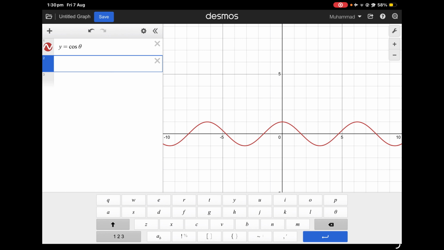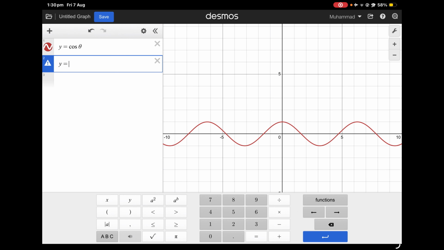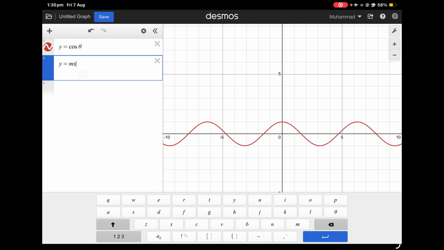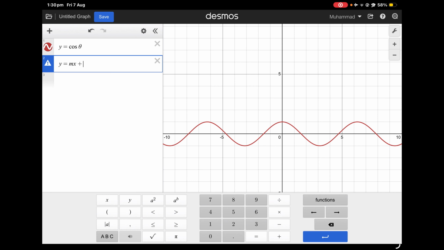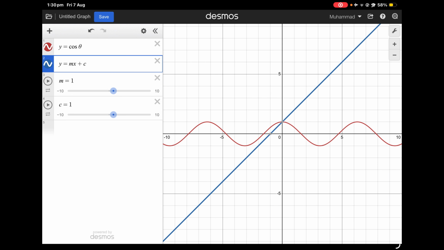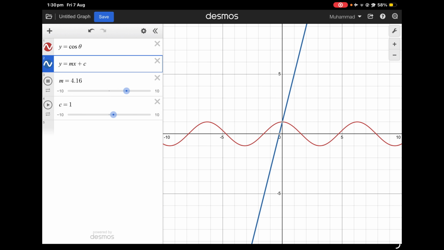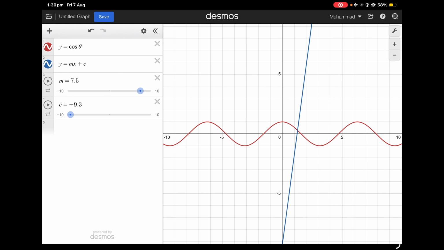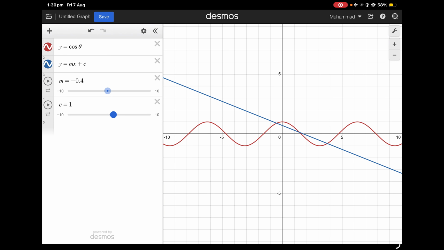By the way, I always wondered what would happen if we type y equals mx plus c or b. So now you can visualize stuff and how a line would behave. So let's set it to over here. So this is a line.